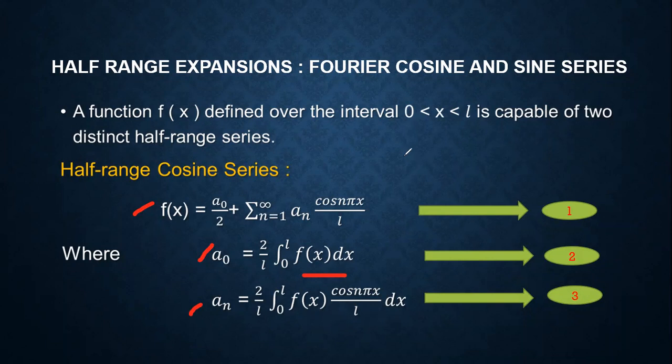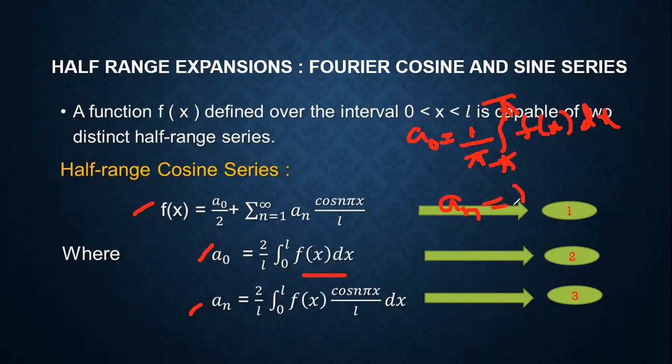In the general Fourier series, we have a naught as 1 by pi integral minus pi to pi f of x dx. Next, an is equal to 1 by pi, similarly, integral minus pi to pi f of x cos nx dx.